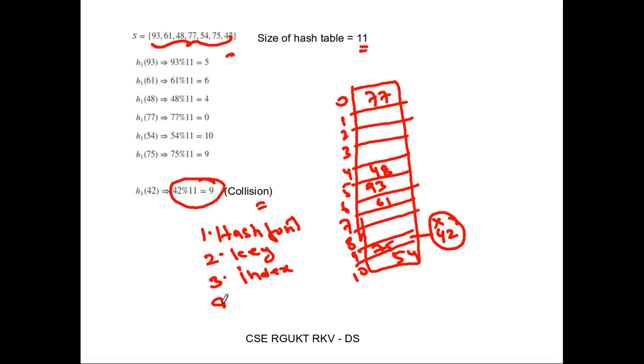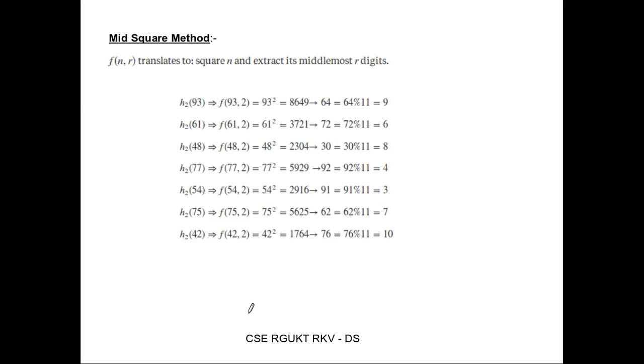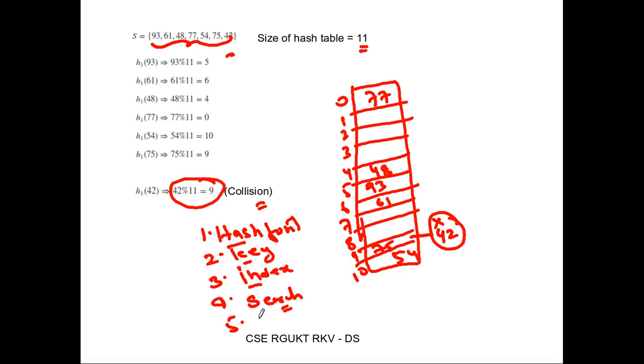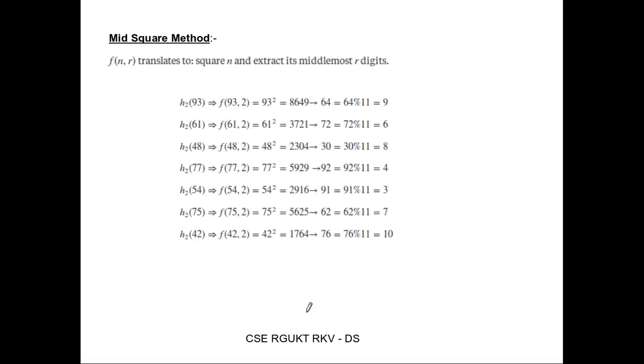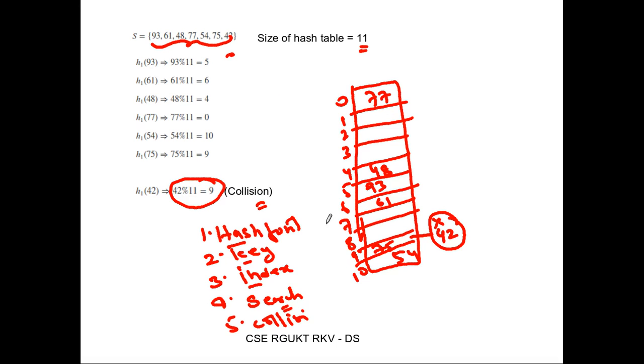For searching also the same process continues: you apply the same hash function, pass the key to it, and the index that comes is where the element is to be searched. There is also the concept of collisions, which occur when more than one element competes for the same index, and for this we have various techniques which we will be studying.